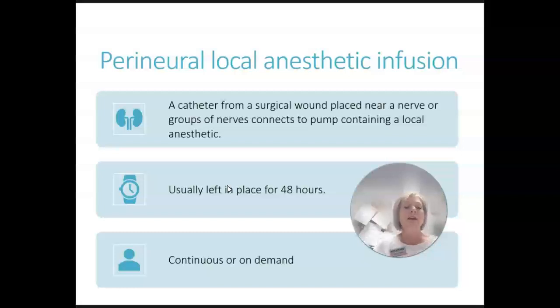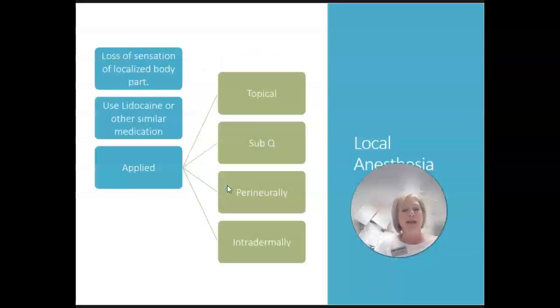We usually leave that in for about 48 hours. It's continuous or it can be on demand. That might be somebody who's having a surgical procedure, and we put that into the surgical wound to block those nerves to help with some of that pain. Local anesthetics cause loss of sensation of a localized part.